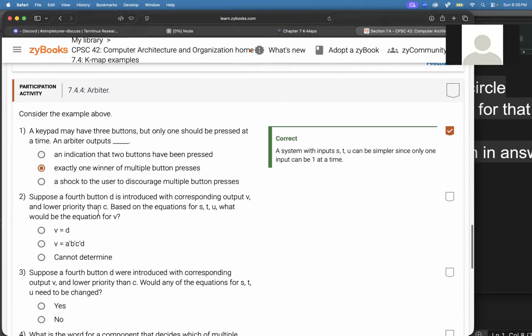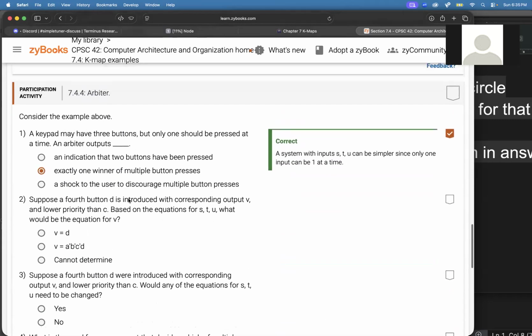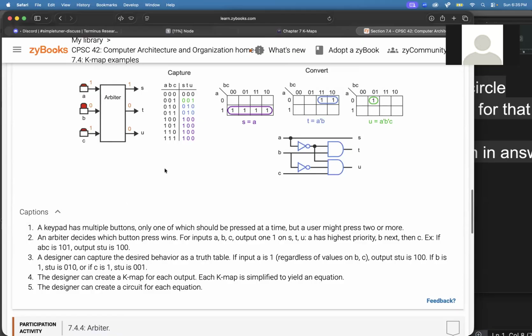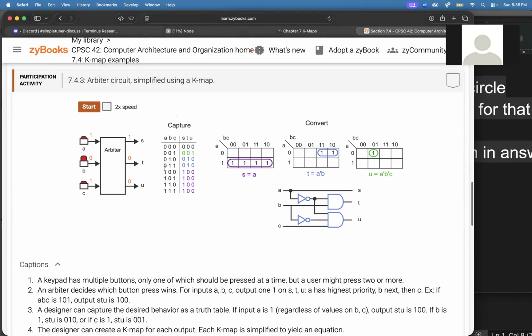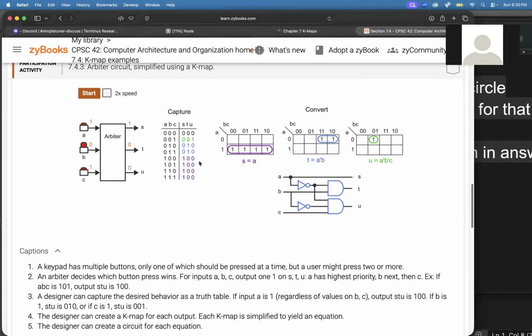So it says, suppose the fourth button D is introduced and it's even lower priority. What would be the equation for V? Well, what are the equations?